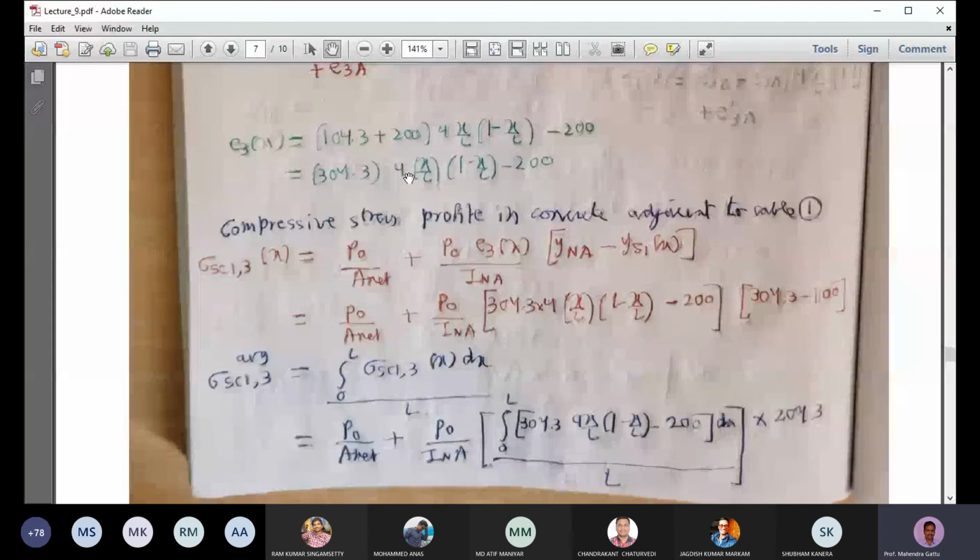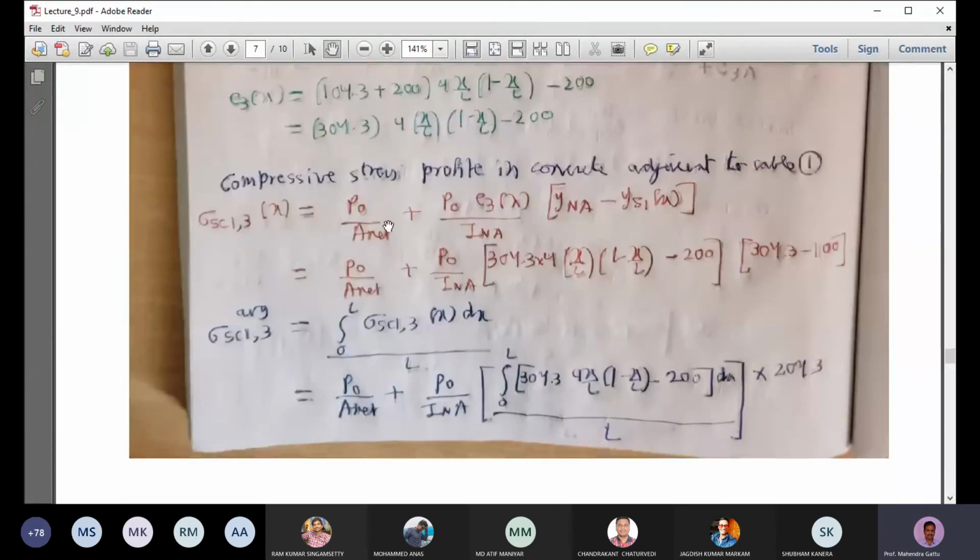So we have E3 of x, the equation is here, and YNA minus YS1, since cable 1 is straight, this value will be constant. So we can substitute the values. For the E3 of x, we can write the function, which is 304.3 into 4x by L into 1 minus x by L minus 200, and YNA is 304.3 and YS1 is 100. So this is a constant value.